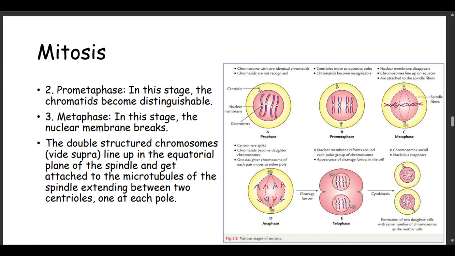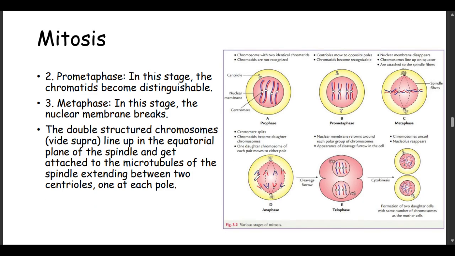So what I've explained in the other processes is basically what is being shown in this slide as well. So just to recap, prophase, prometaphase, metaphase, anaphase, and telophase.